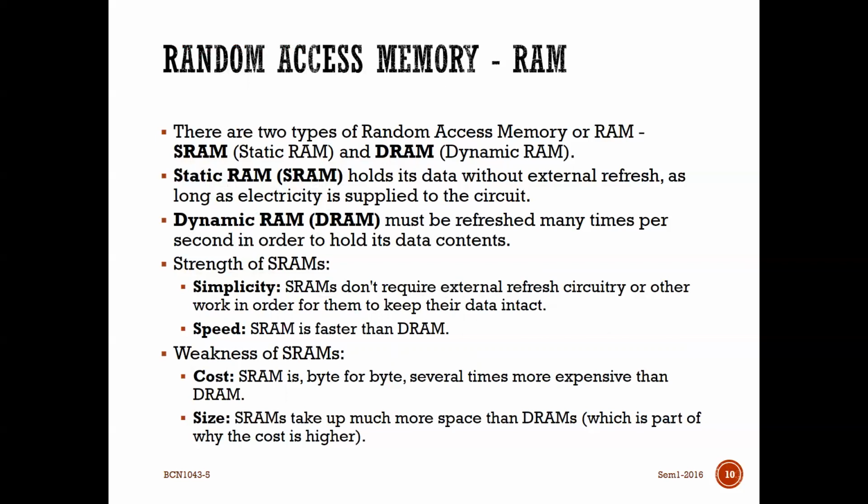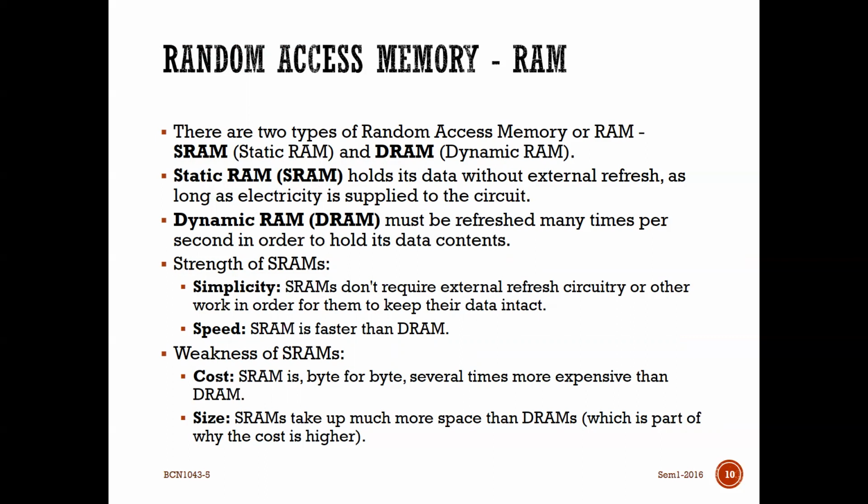RAM. There are two types of RAM, SRAM, static RAM, and DRAM, dynamic RAM. Static RAM holds its data without external refresh as long as electricity is supplied to the circuit. Dynamic RAM must be refreshed many times per second in order to hold its data content. Strength of SRAM: simplicity.